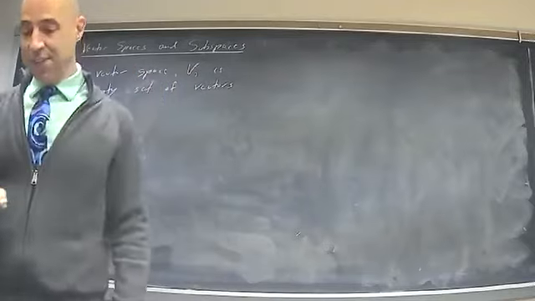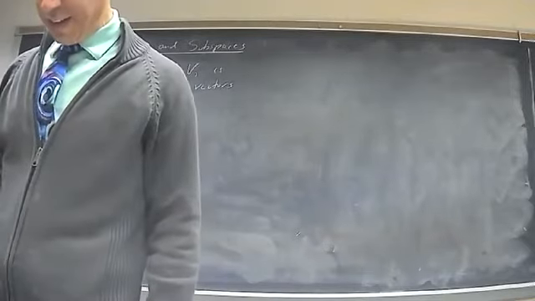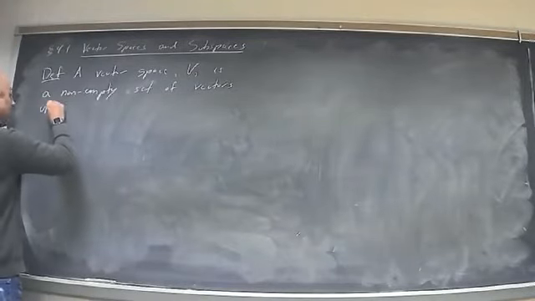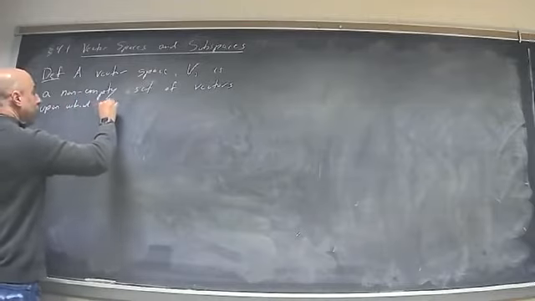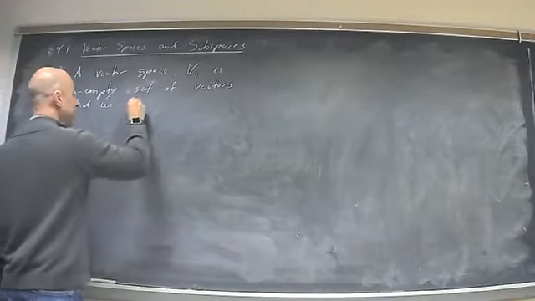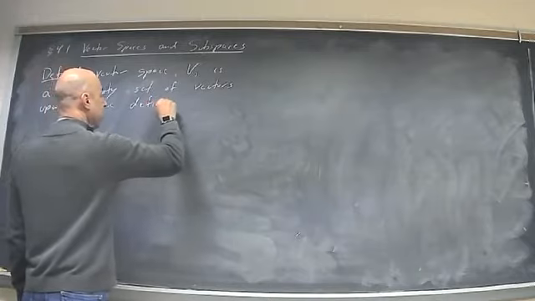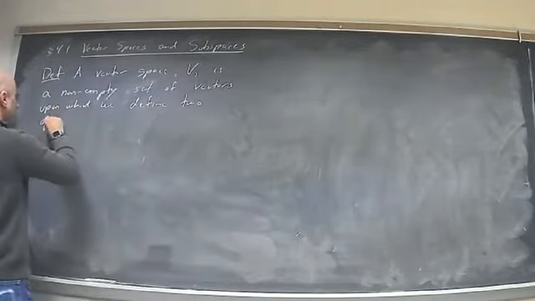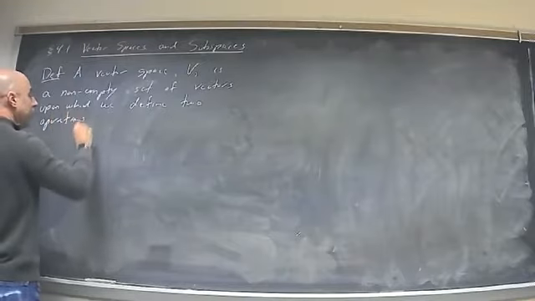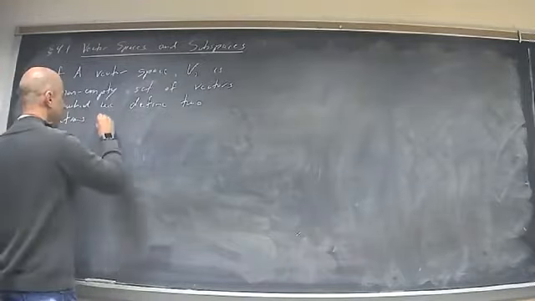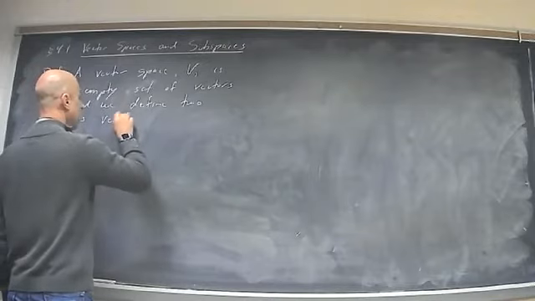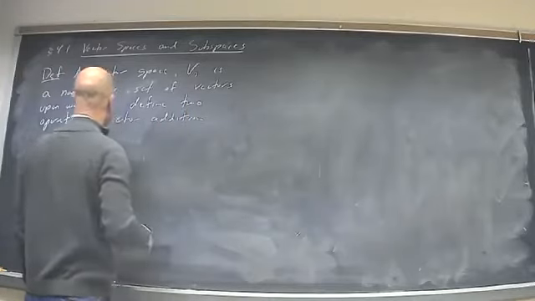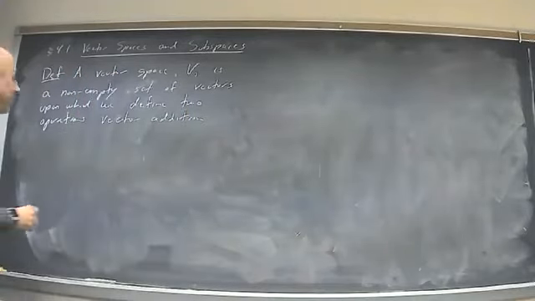So we have a non-empty set of these objects called vectors, upon which we define 2 operations: vector addition and scalar multiplication.